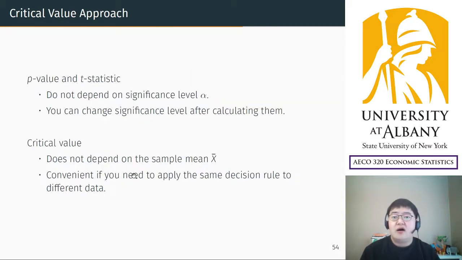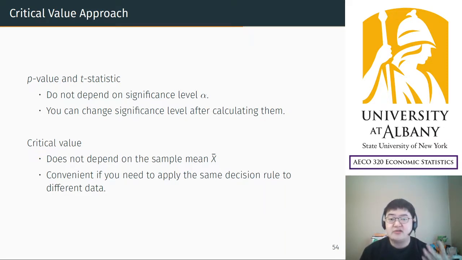Okay, and finally, another difference is the p-value, and let me compare the critical value with the p-value and t-statistic. The p-value and t-statistic do not depend on the significance level alpha. That is one advantage of using them, because you may choose the significance level if you want.